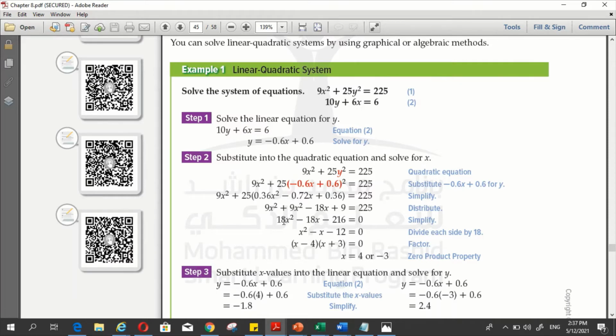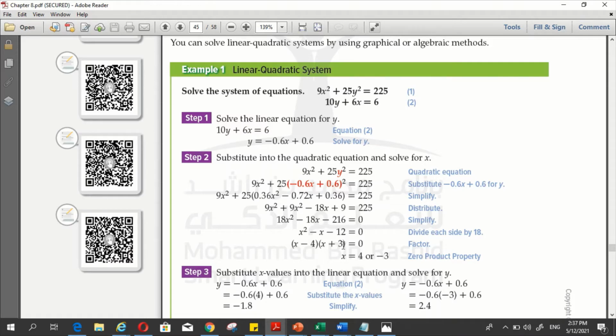Now adding the similar terms together, we get 9x squared plus 9x squared, which is 18x squared, minus 18x plus 9. This is just a quadratic equation, so we can solve it. I'm going to take that 225 to this side.